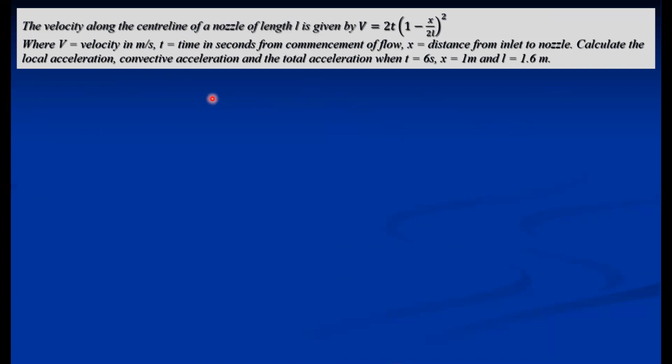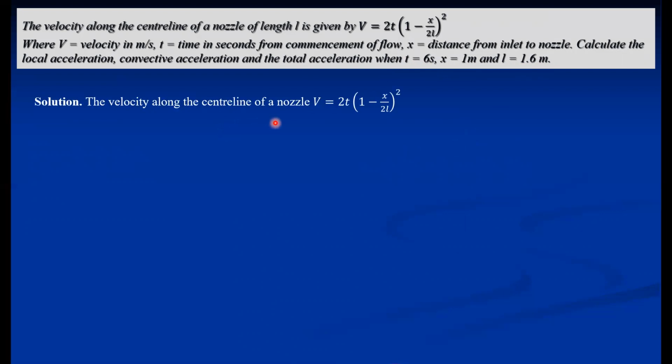Calculate the local acceleration, convective acceleration, and total acceleration when time is 6 seconds, x is equal to 1 meter, and the total length is 1.6 meters.